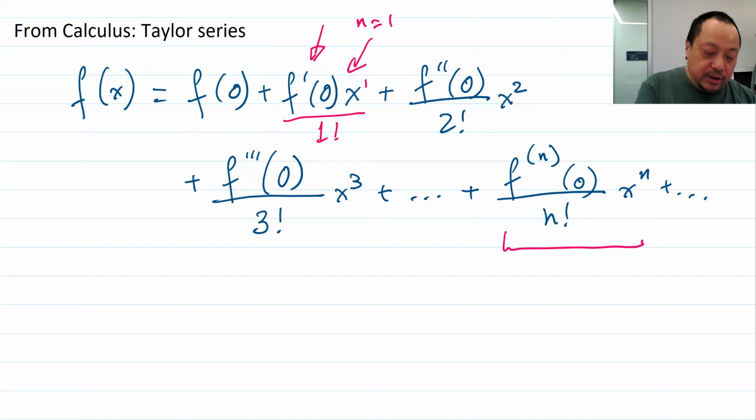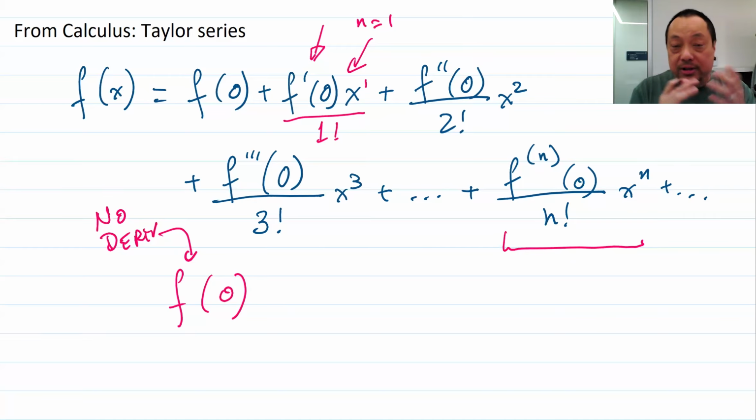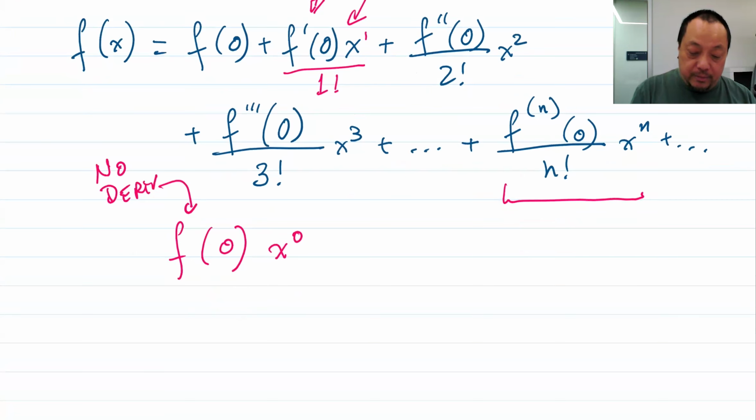Now, how about n equals 0? f at 0, I can think of it as no derivative here. I can think of it as a 0th order derivative. Does it come with x to the power 0? If I follow this form, yes, x to the power 0 is just 1. Or does it come with 0 factorial in the denominator?